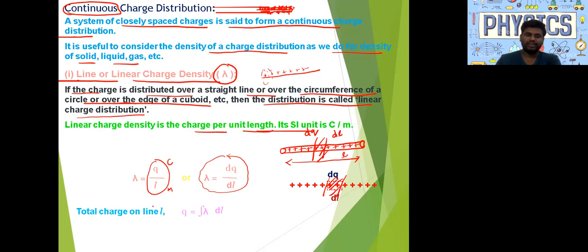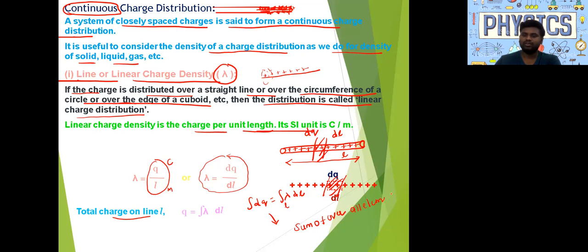If we want to find the total charge on the line, Q is equal to the integration of dq, which is the integration of lambda dl, over the overall length. What is the use of this integration? Integration is the sum over all elements.